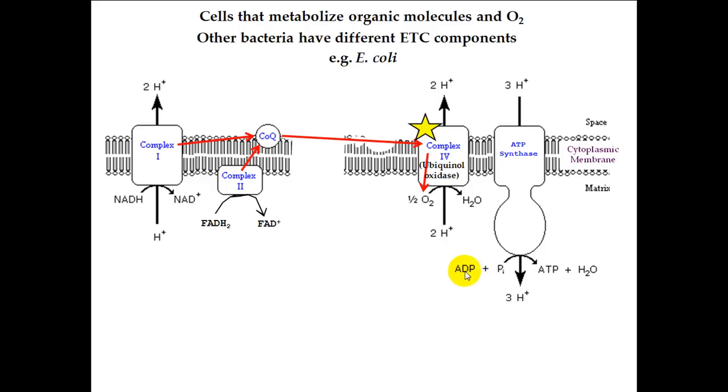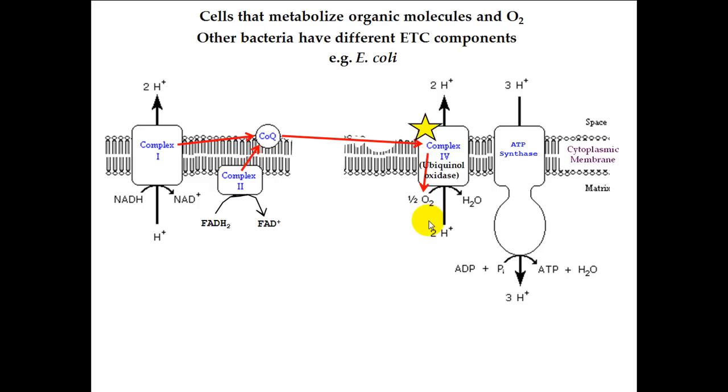Right, so if you consider the function of complex 4 of the electron transport chain, not only does it take electrons from the previous molecule in the chain, but the other really important job of complex number 4 is that it's responsible for bringing whatever molecule is being used as the final electron acceptor to the electron transport chain.